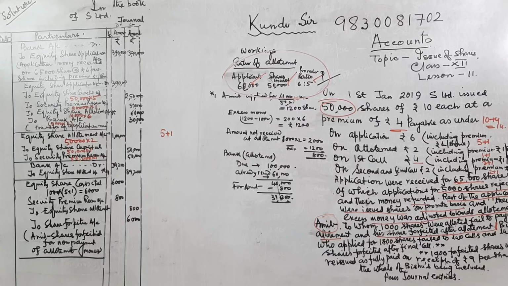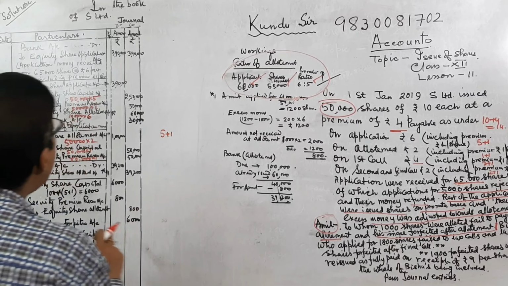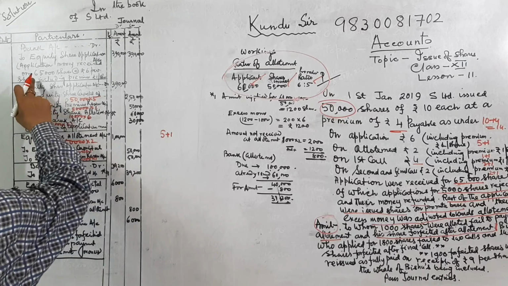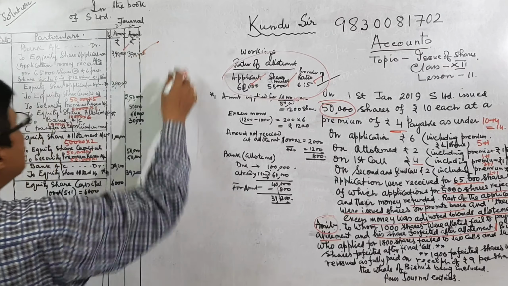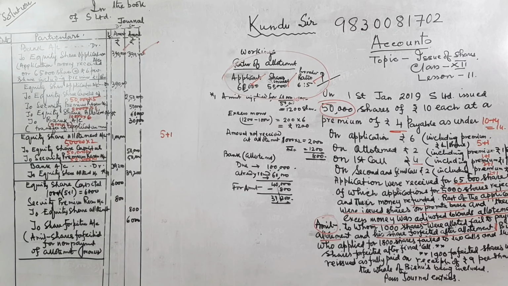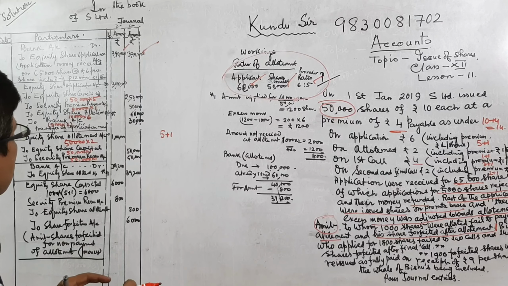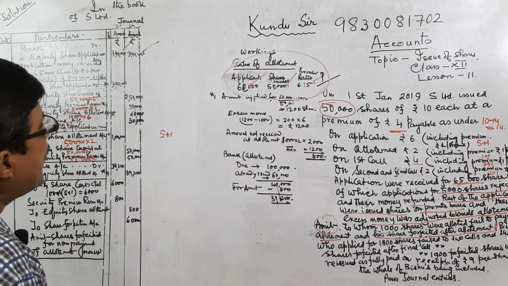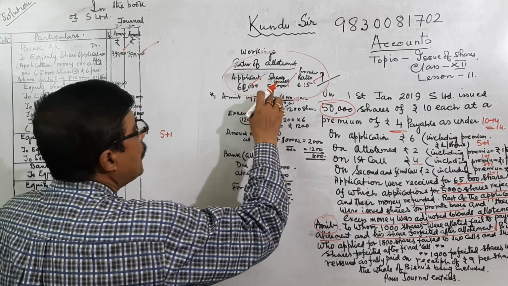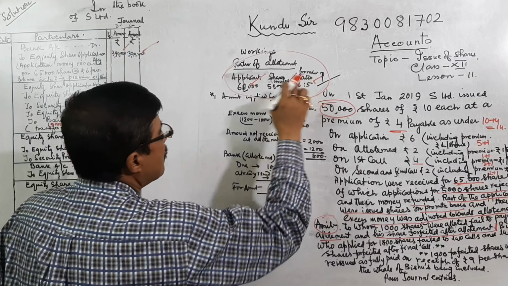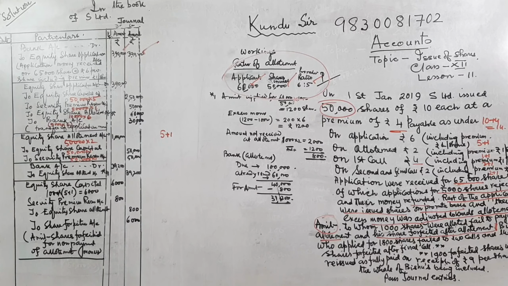Now, how much money are we getting? 65,000 into 6, 3,90,000 we are receiving on application, and we are retaining money for 60,000 shares, but we are allotting 50,000 shares. Therefore 60 is to 50, equal to 6 is to 5, and the rest 5,000 is refunded.